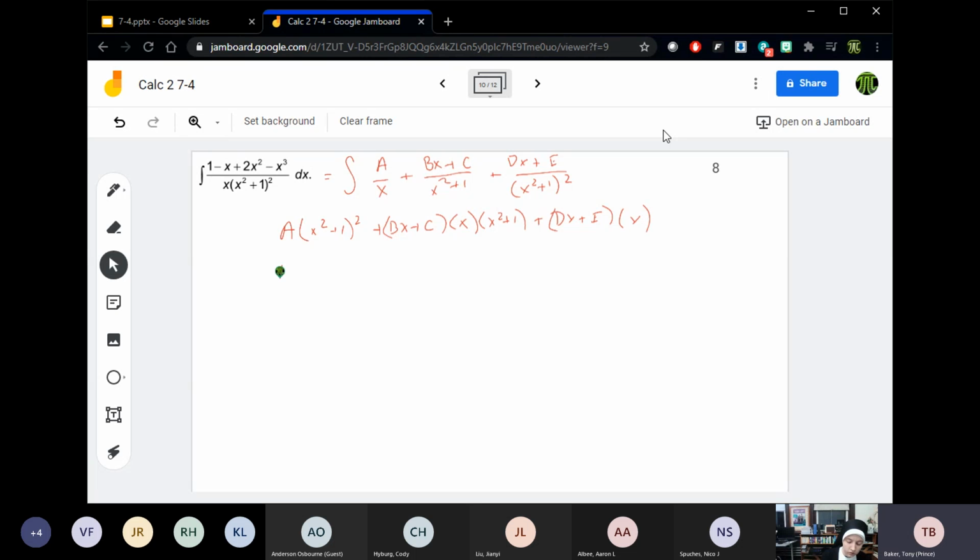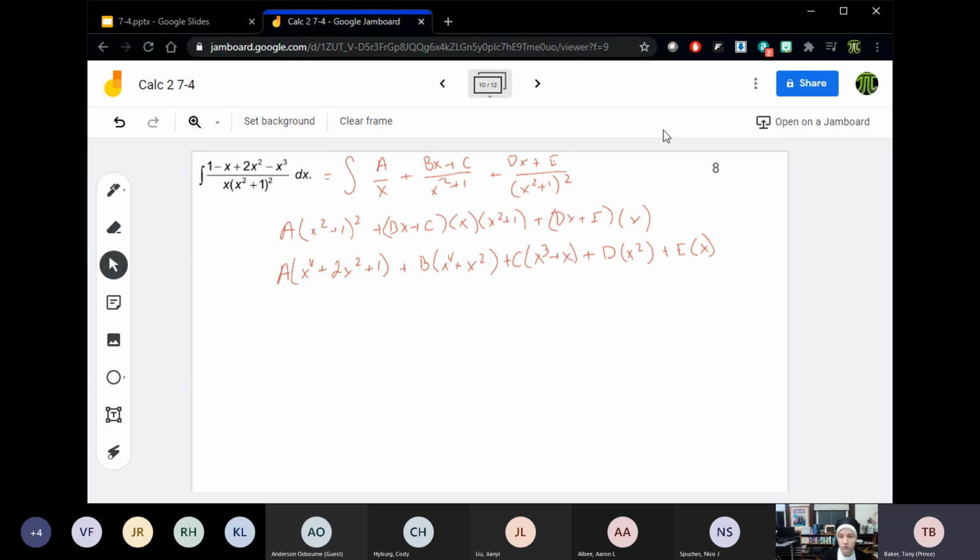This one comes out to be A times x to the 4th plus 2x squared plus 1. This one comes out to be Bx to the 4th plus x squared plus Cx to the 3rd plus x, plus Dx squared plus Ex.